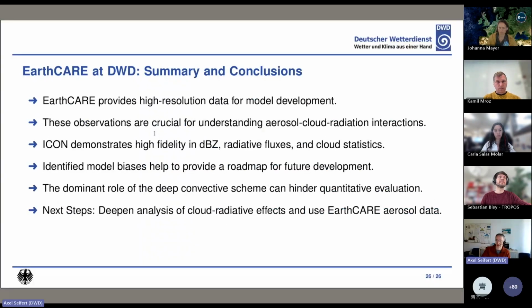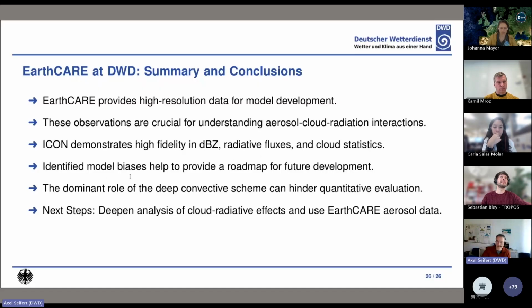So that's why I would conclude that EarthCARE provides really great data in high resolution and vertical structure for model development, and such observations are, in my opinion, really crucial for making progress in especially aerosol cloud radiation interaction, but also in modeling in general. ICON demonstrates that it can do pretty well in a lot of variables, but of course we have biases.